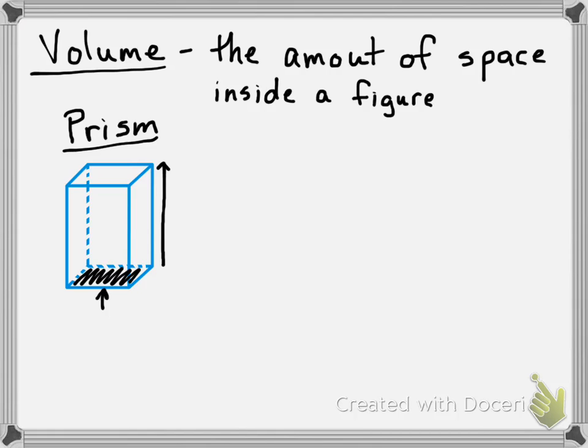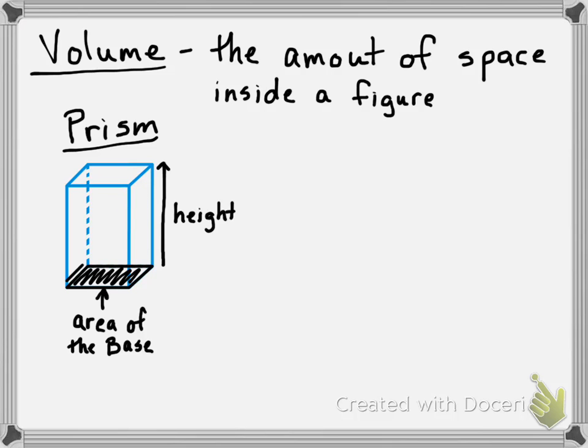Okay, so just to give you a little visual, we have the area of the base and we have the height of the prism. Okay, these are our two important pieces because how we form the prism is we just kept stacking this base on top of itself until it was the height of the prism.